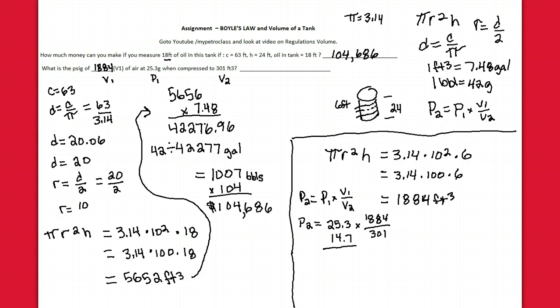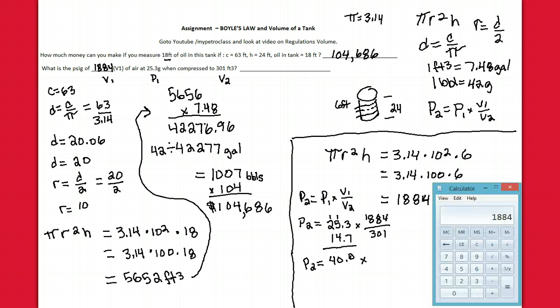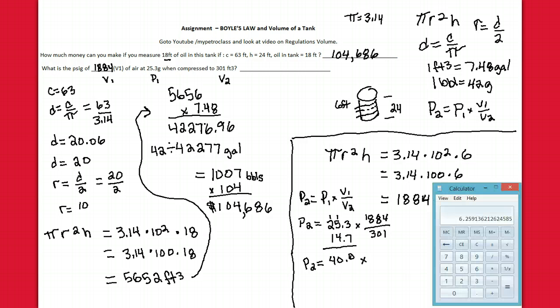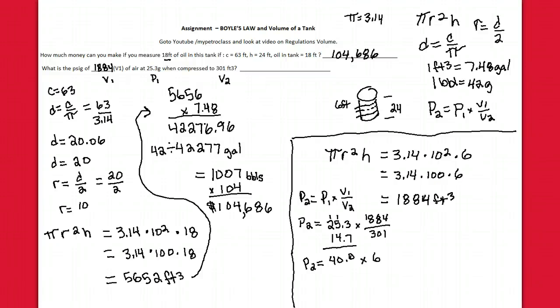That's going to be 40. So P2 is going to be equal to 40 times, we got to go ahead and divide that when we bring it down. 1884 divided by 301 equals 6.26.